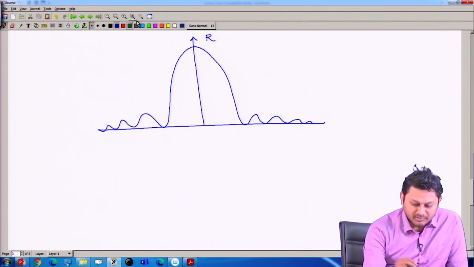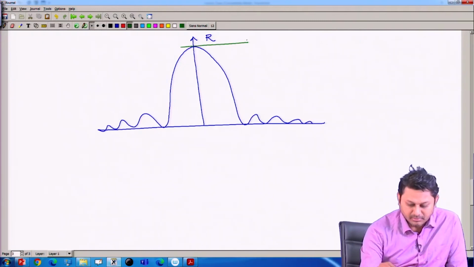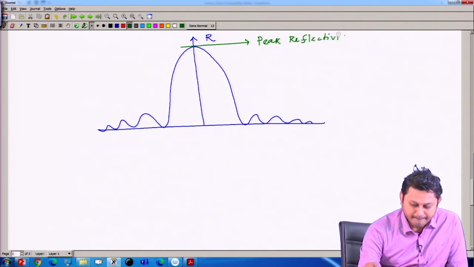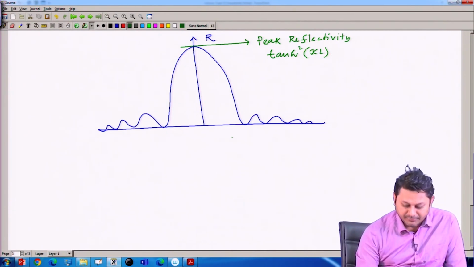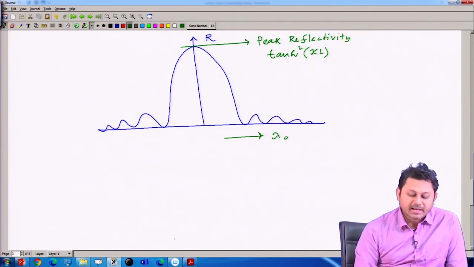This value is the peak reflectivity, which is tanh squared of kappa L, and here I can have a variation of lambda 0. So, lambda 0 is going to vary, and I can have this reflectivity curve.